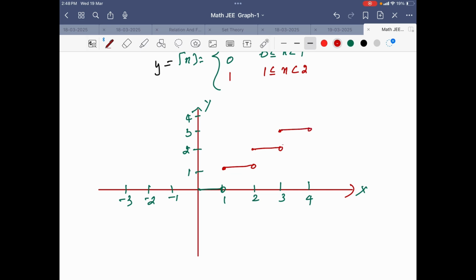And 3 to 4 means 3 only, right? Okay. So here -1 to 0, you can see -1. When you take -2 to -1, that will be -2, so y is equal to -2 here.